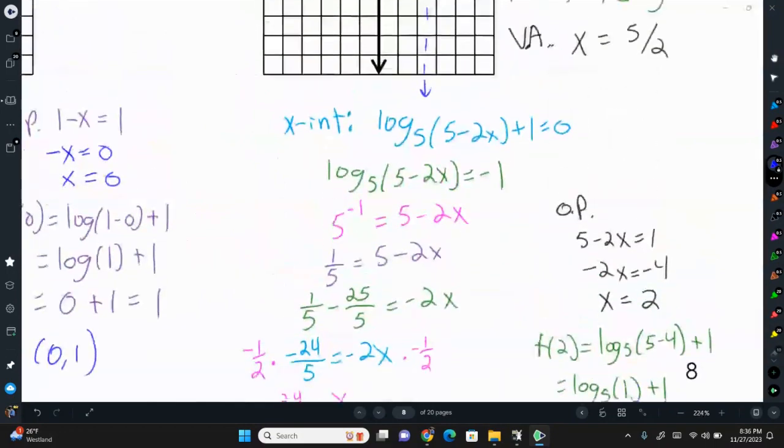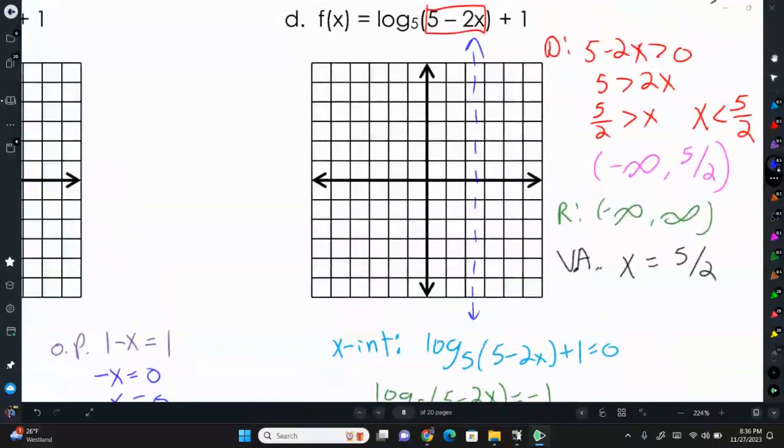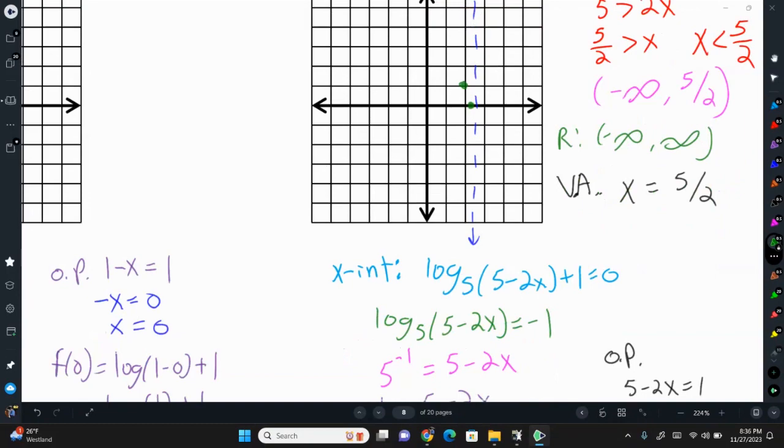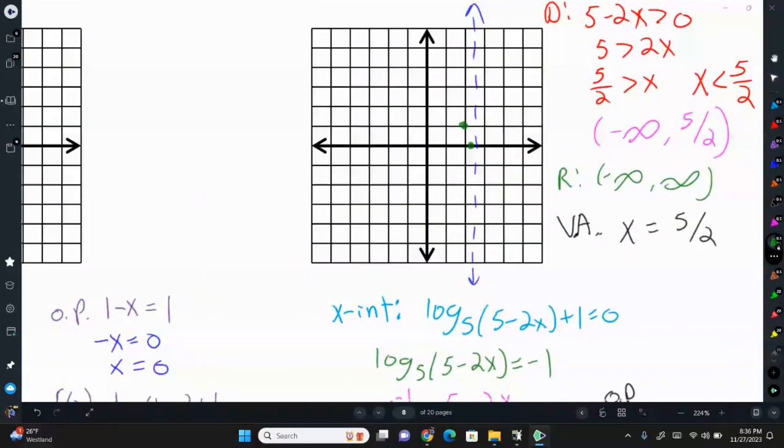We have 2.4 comma 0, which is really close to 2.5. And then we have 2 comma 1. So our graph will look like this. Now, resist the urge to draw it as a straight line like that. It's going to be curved like the exponential function.